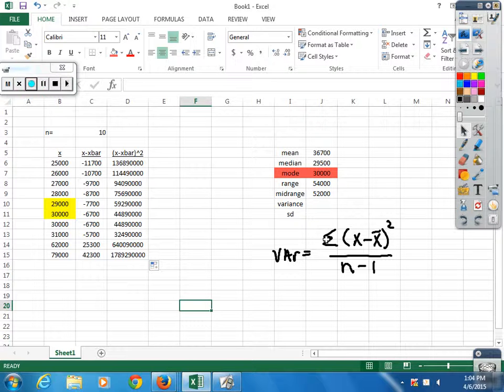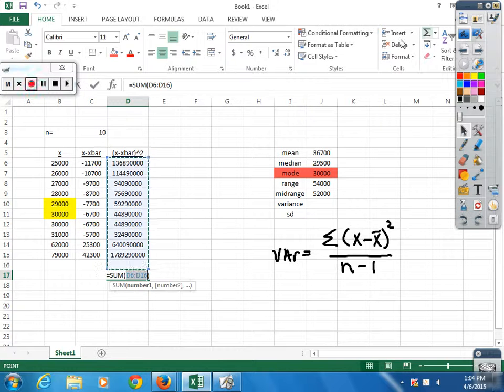And what do you do with those numbers? What does that big sigma mean? Add them up. So your numerator is equal to that big number right there.